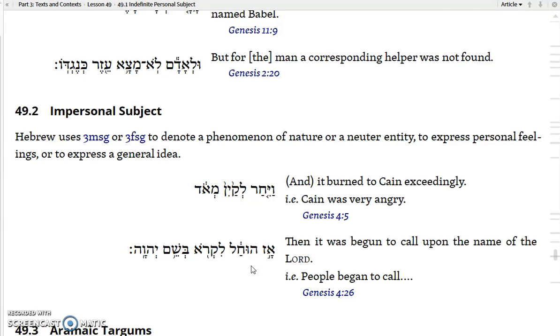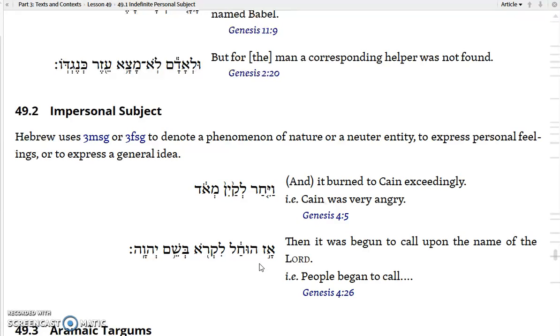So then one began to call upon the name of the Lord. Then one began, or it was begun. We've got to make it passive, actually. It was begun to call on the name of the Lord, but it means people began to call on the name of the Lord.